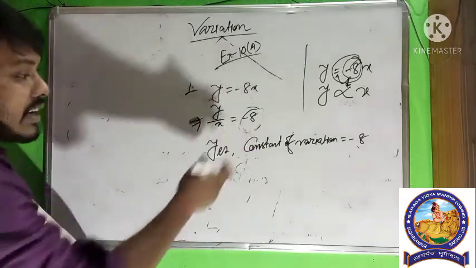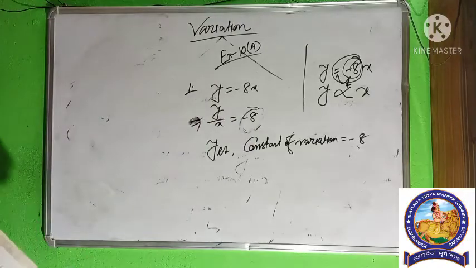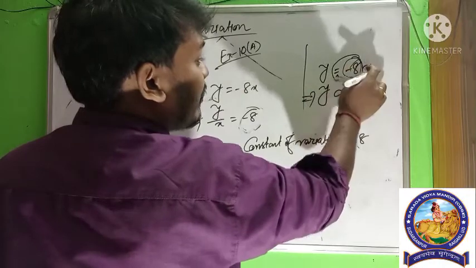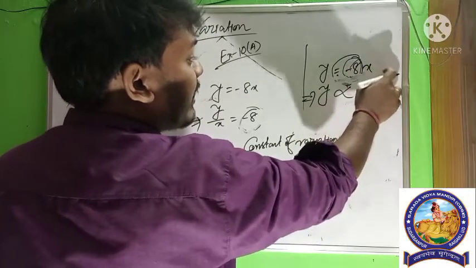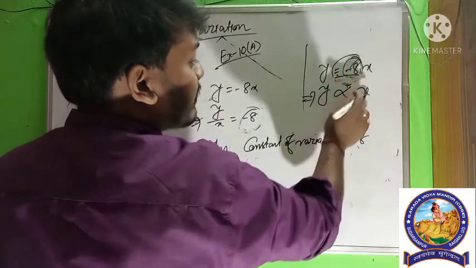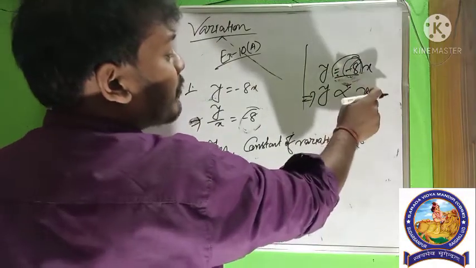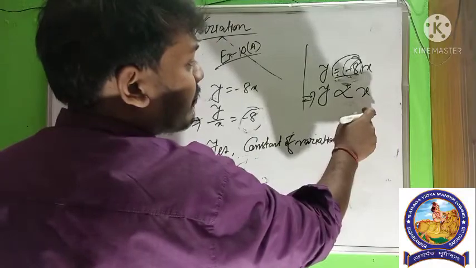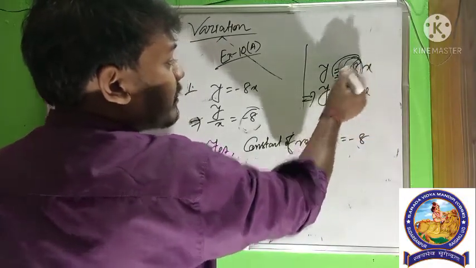So x and y vary directly. In this way we can write y equal to minus 8x, the equal sign and minus 8 are replaced, y proportional to x. So it is a case of direct variation, and the constant of variation is minus 8.